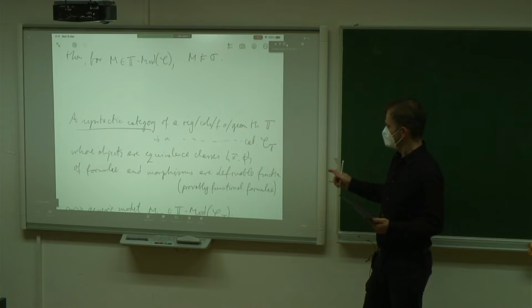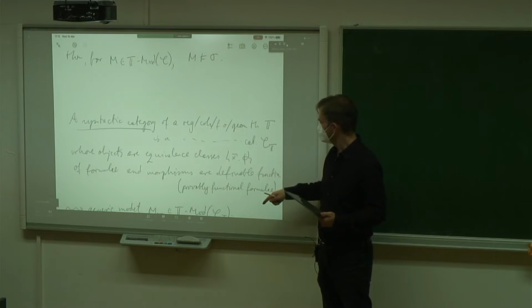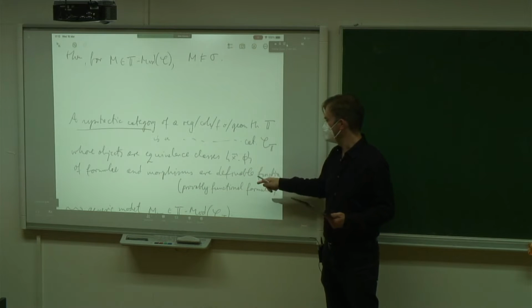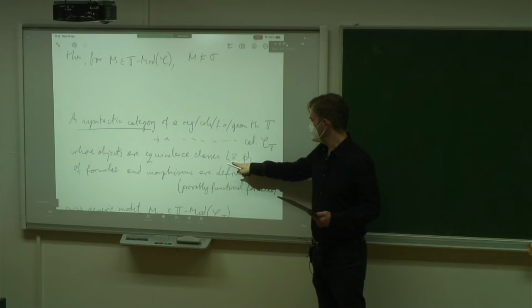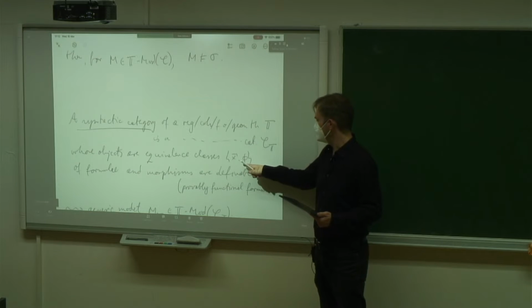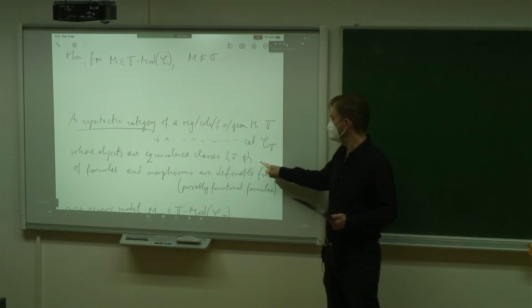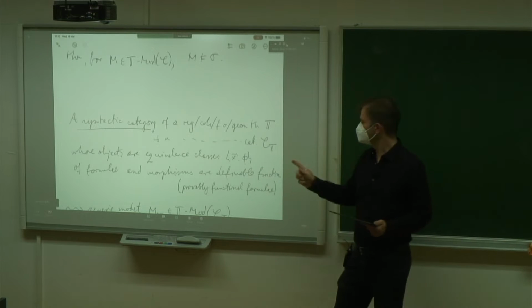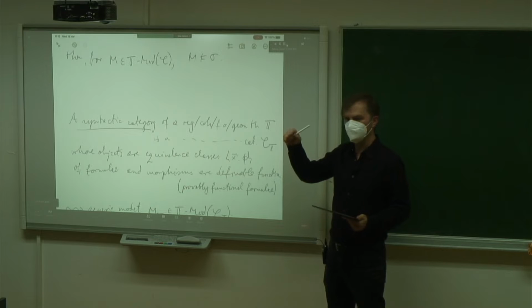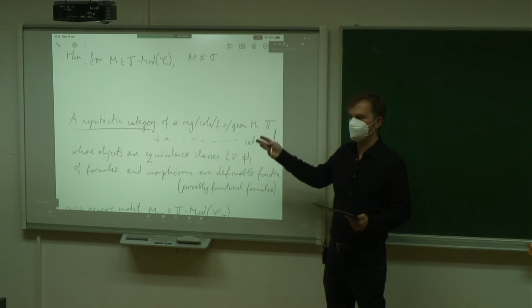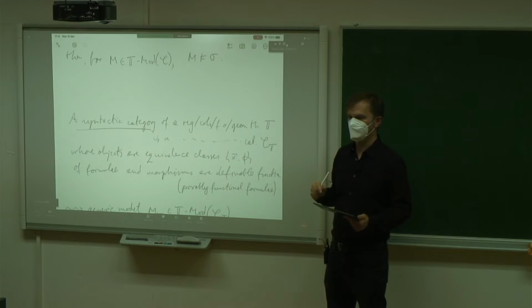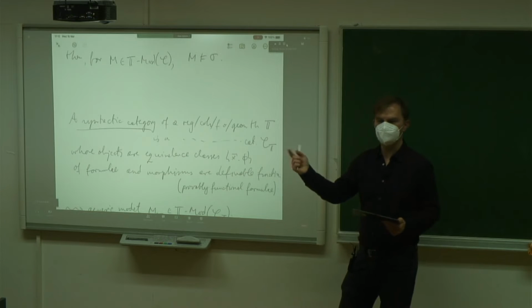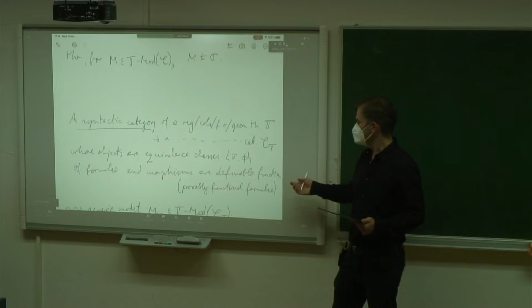So basically, if you have x dot phi and another formula y dot psi, then a morphism would be defined by a formula theta in x and y so that it defines the graph of a function. So it has to have unique values, and be a function in a provable way.